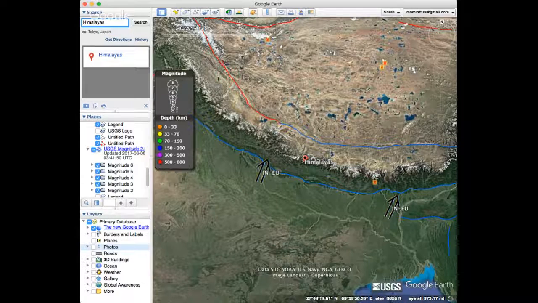So I'm looking at the Himalayas here, and we've got this convergent fault. The arrows are showing us that it's going underneath a mountain, so we've got lots of mountain building going on. Then I'm thinking that you would feel that a lot more than you would out here, down below where the plain area is.